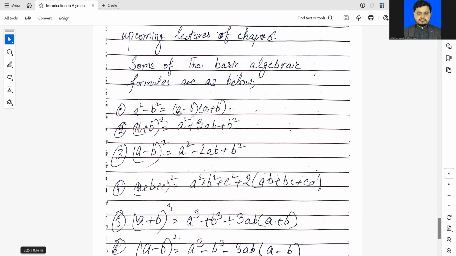That means the right hand side is also equal to the left hand side. If a square minus b square equals a minus b into a plus b, then if we solve the right hand side, this also becomes equal to the left hand side. This is the meaning of equation.